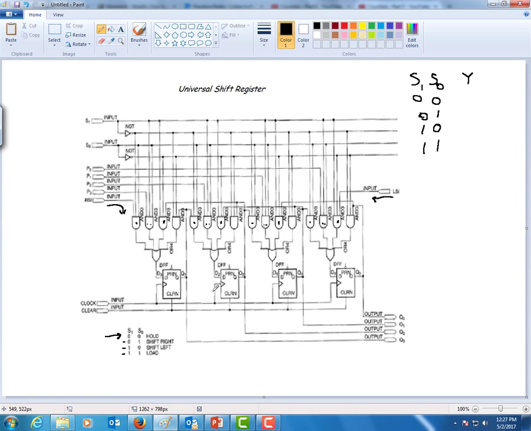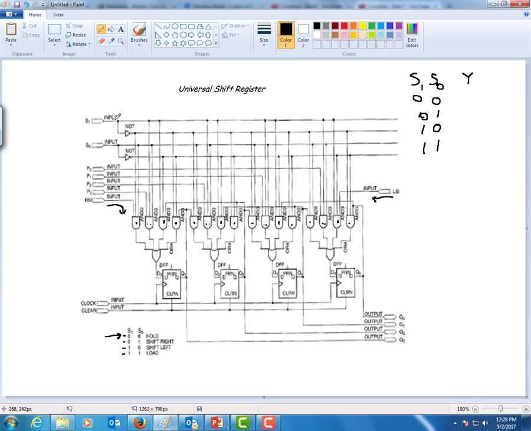Finally, we have one more item, and that is this one. That's the hold. And that obviously is this one right here, the one on the right, okay? So if you look at the one on the right, both control inputs go to the not states of their output. So it's going to be 0, 0 is going to equal 1, 1. So you can tell we're right at this state, right?